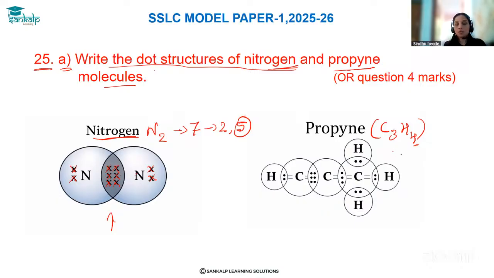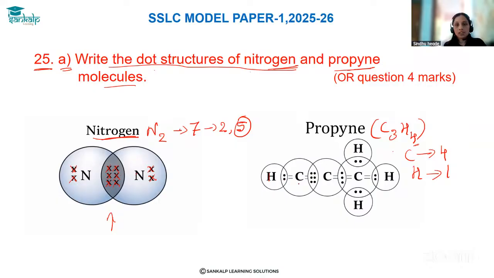We know that carbon in its outermost shell contains 4 valence electrons, and hydrogen contains 1 valence electron. So the bond is formed between these 4 and 1. See, this is hydrogen. First you have to draw 3 carbons, then 4 hydrogens like this.